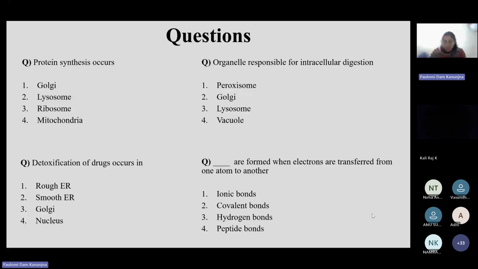Okay, so ribosome, lysosome, what else? Smooth ER. Ionic bond, right? Okay. Anyone else want to give it a try? Ionic bond, okay.